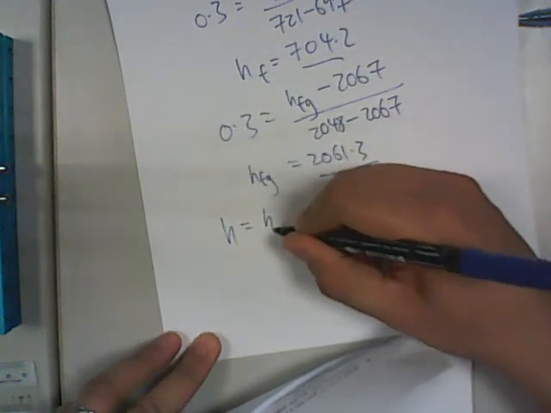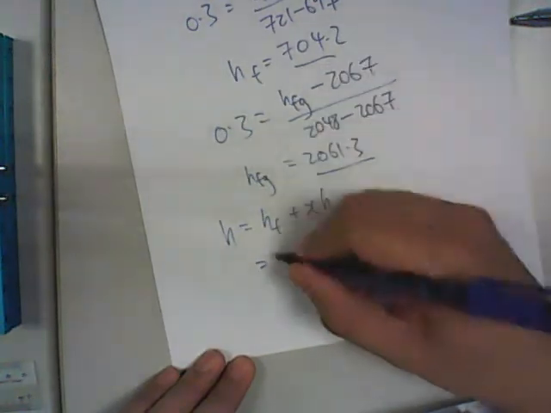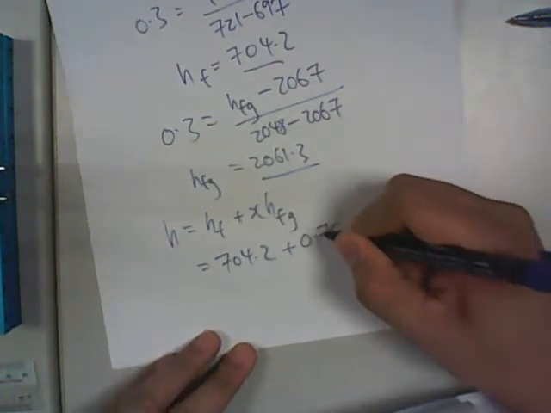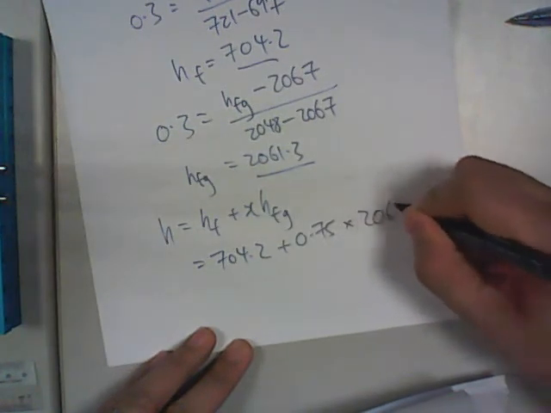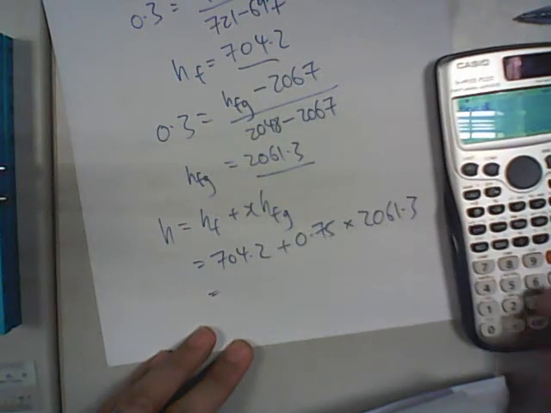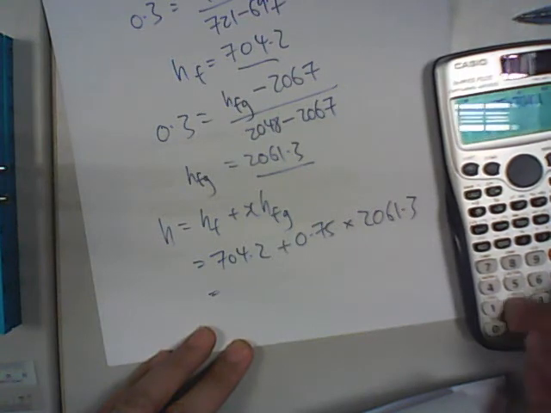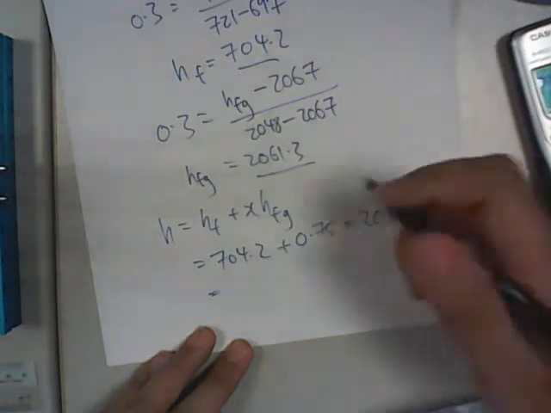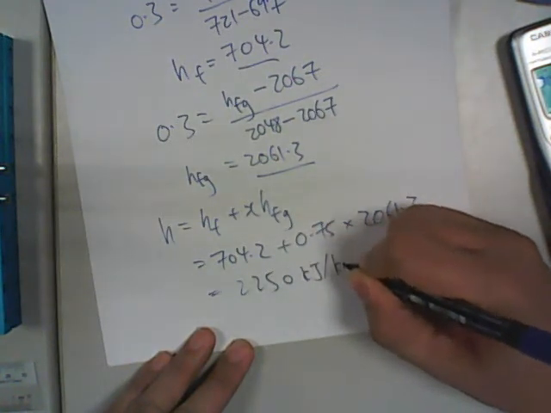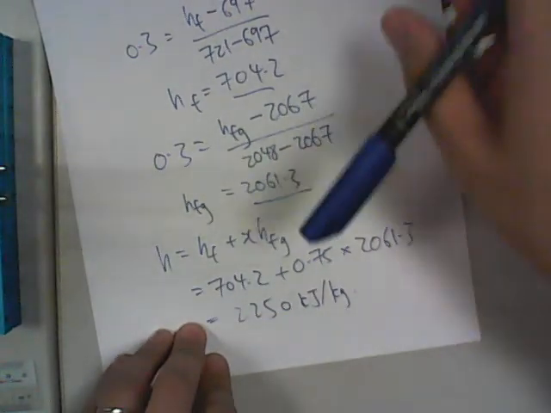H is HF plus X HFG, which is 704.2 plus 0.75 times 2061.3, giving about 2250 kilojoule per kilogram. Okay, so this is what we have found.